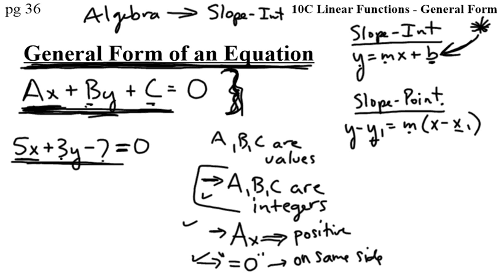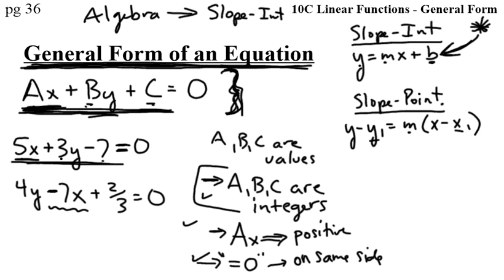If I had 4y minus 7x plus 2/3 equal to 0, why is that not general form? Well, a couple of different things. First of all, our Ax term is negative.